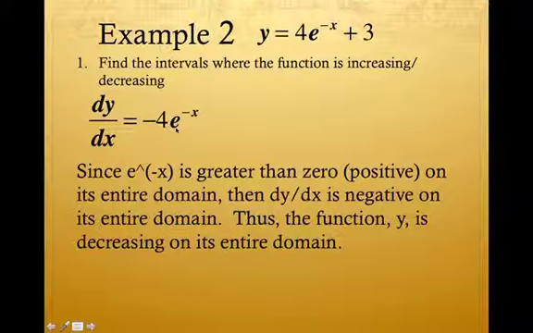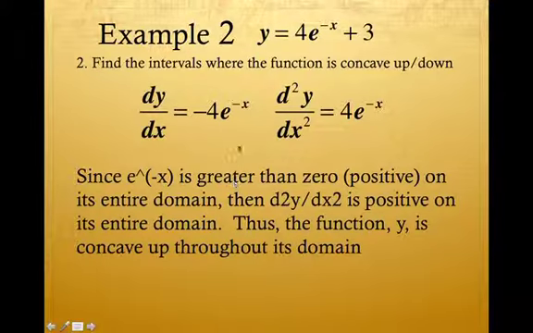So a positive number times a negative number, that means this whole function is always going to be negative. So if our first derivative is always negative on its entire domain, that means the original function is always going to be decreasing. So this is a decreasing function on its entire domain.